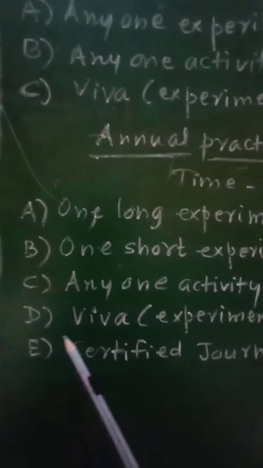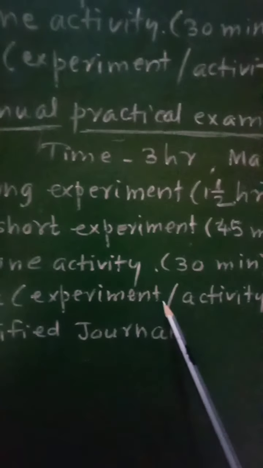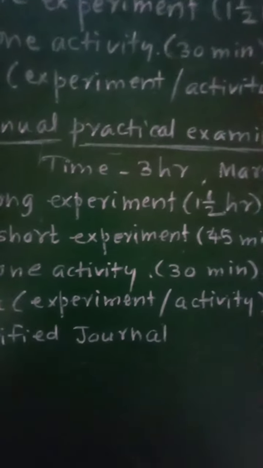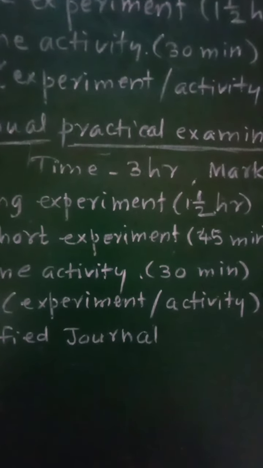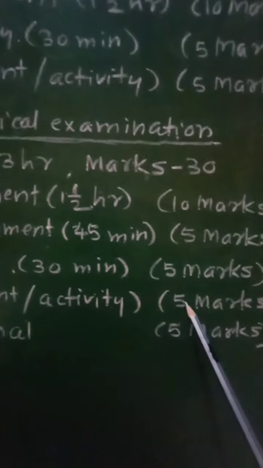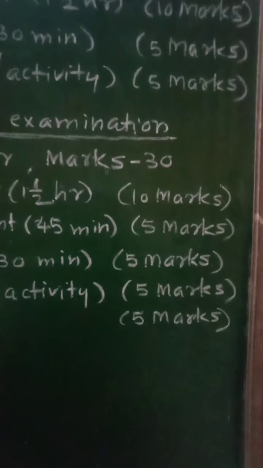Then part D will be Viva, which will be based on the experiment or that activity. During the performance of the experiment or activity, the Viva, that is oral, will be taken, and it will carry 5 marks.